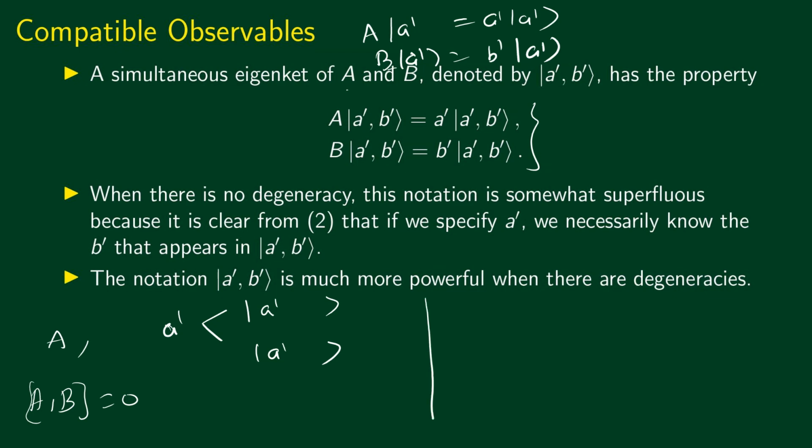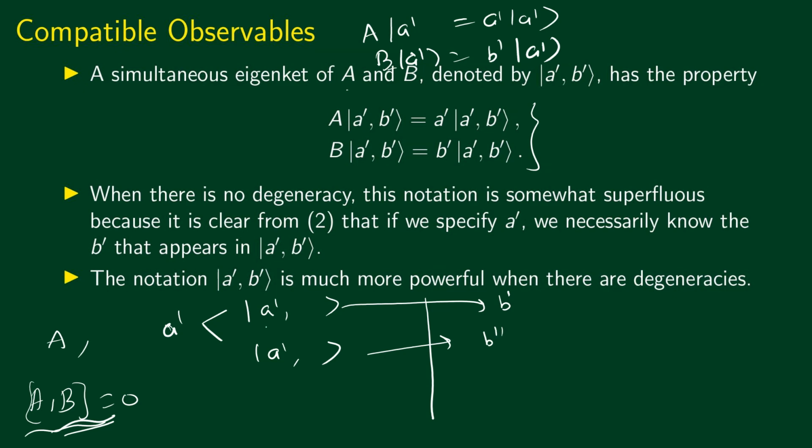We proved that if this condition is satisfied, then these eigenkets are also eigenkets of operator B. Let's say this eigenket is the eigenket of operator B with eigenvalue B prime, and this eigenket could be the eigenket of operator B with a different eigenvalue.